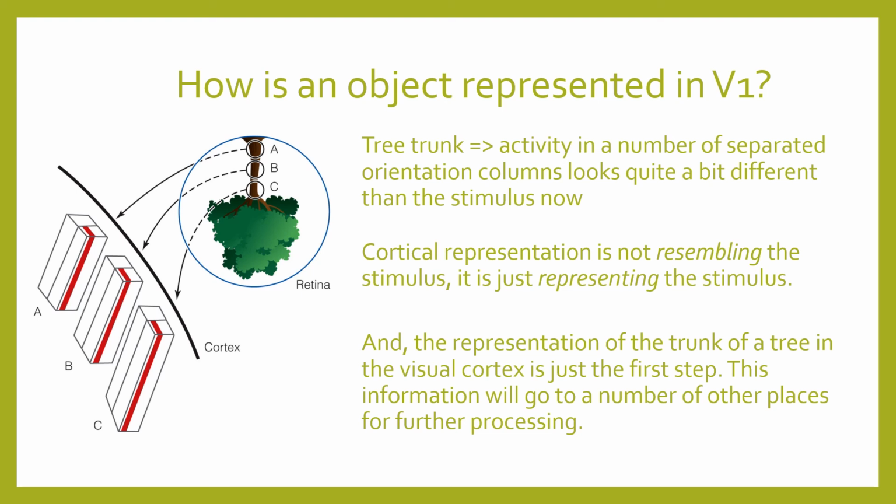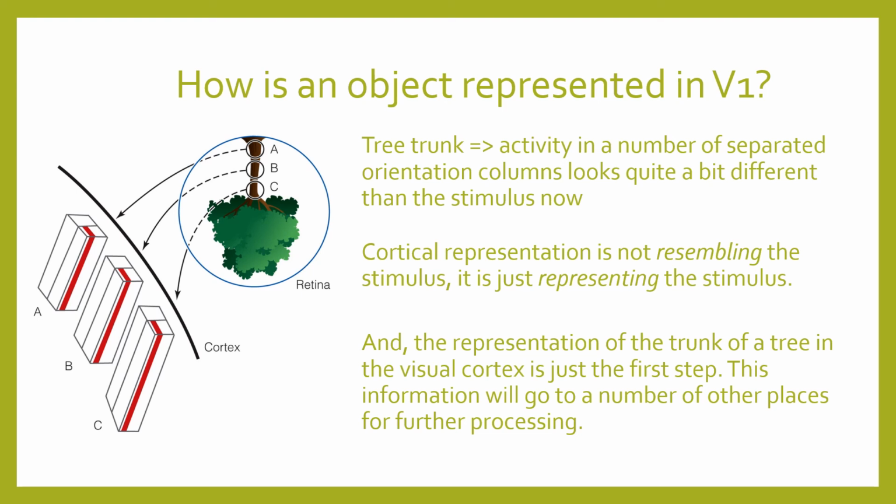They are giving us each location, and those locations are close to each other on the retina, but these orientation columns, A, B, and C, responding to those areas of the trunk A, B, and C, are now separated in the visual cortex. So this looks quite a bit different than the stimulus itself anymore, and it becomes really clear that cortical representation is not resembling the stimulus, it's representing the stimulus.